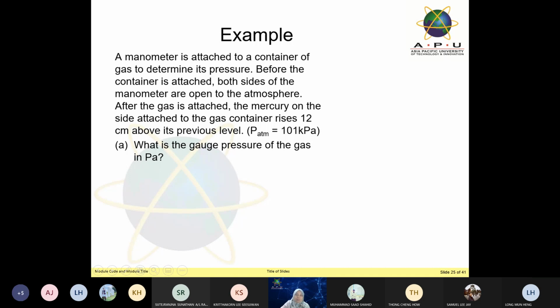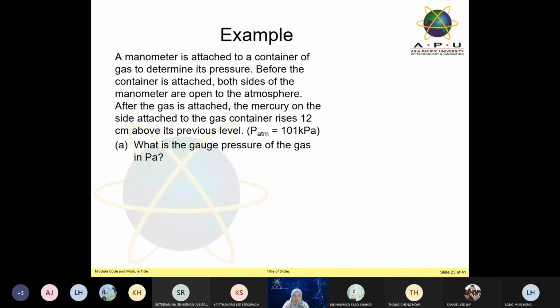A barometer is different, not a U-tube. A manometer has a U-tube. Before the container is attached, both sides of the manometer are open to the atmosphere. So you imagine the U-tube is open to the atmosphere on both sides.